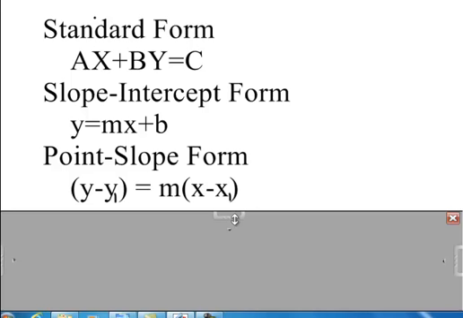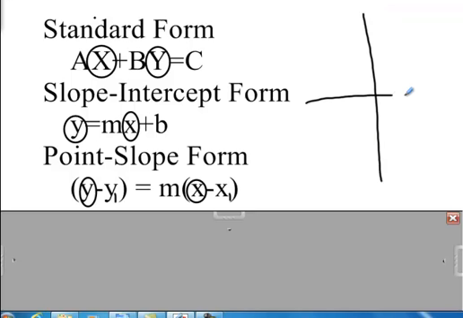We have 2 things going on here, something called arbitrary constants and something called variables. Notice, every form has an x and a y. The x and the y are what we call our variables because if you remember the coordinate plane, every point is an x and a y.